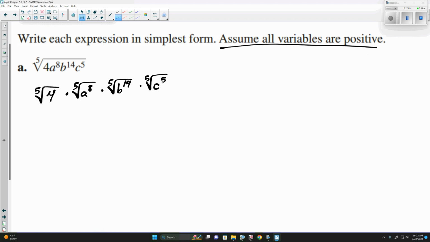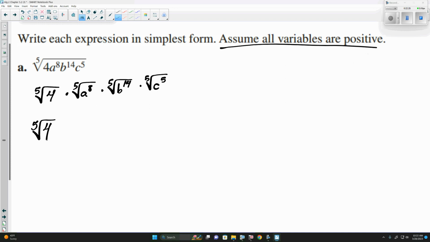Now the first one we're looking at is the fifth root of 4. Can we take the fifth root of 4? No. Because with 4, the most we can say is it's 2 squared. That's not going to simplify.